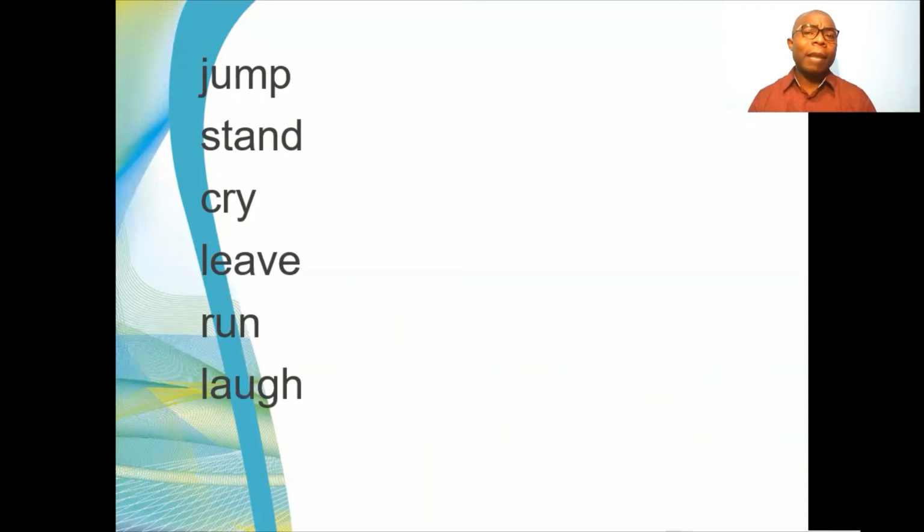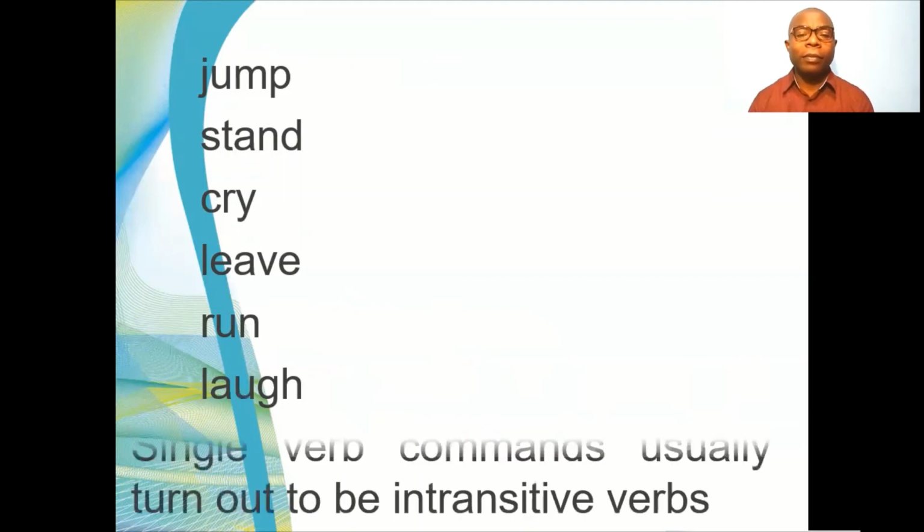These are some examples of intransitive verbs: jump, stand, cry, leave, run, laugh. Now, usually, single verb commands turn out to be intransitive verbs, like come. Single verb commands turn out to be intransitive verbs. Not always, but usually.